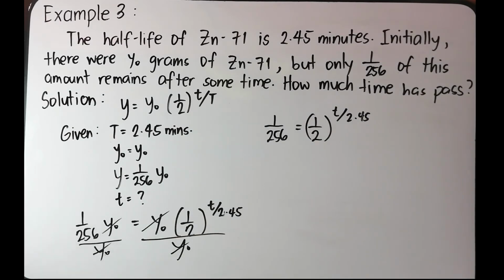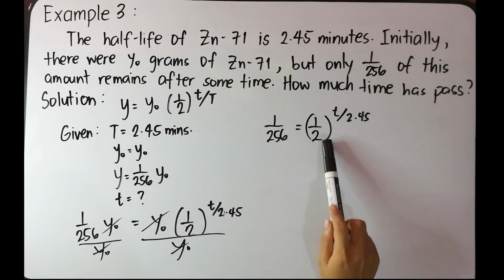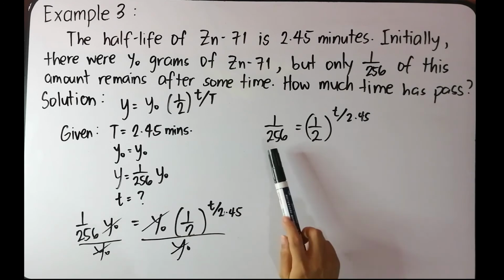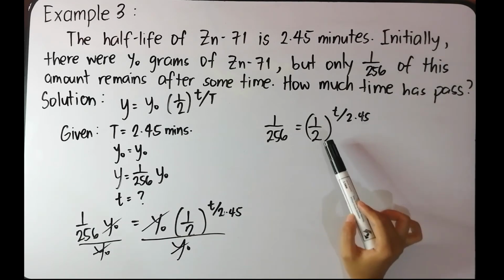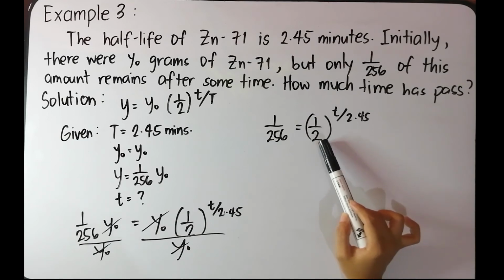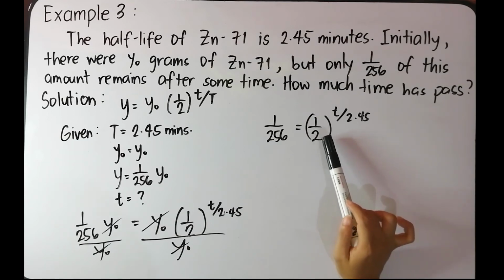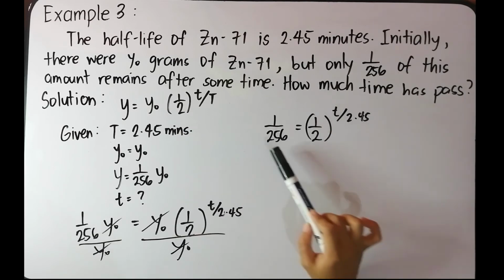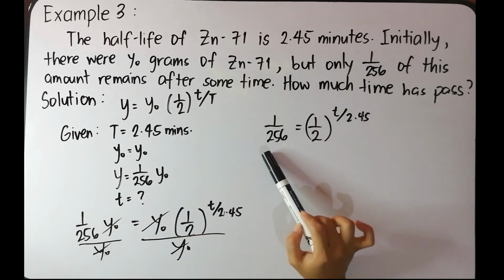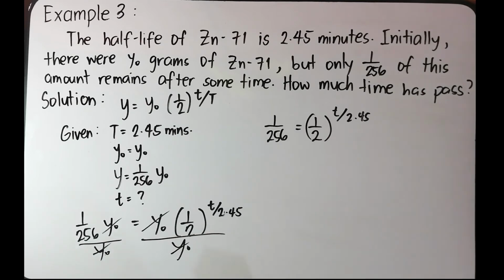So to get the value of time, we need to make these two sides have the same base. So 1 over 2 can be raised to a certain exponent to become 1 over 256. What is that value?